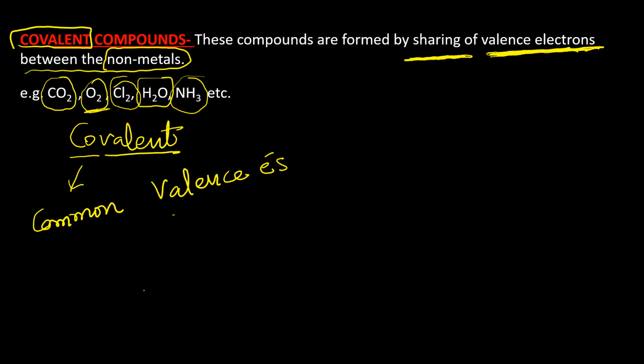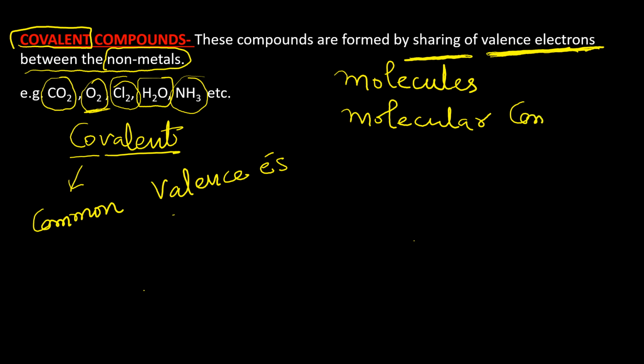Most of them are free independent molecules and most exist as gases, so covalent compounds are normally called molecules as well, and also molecular compounds. The word molecule or molecular compound is very common to use for covalent compounds.